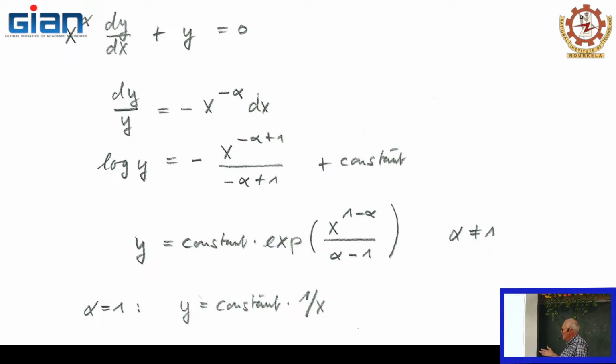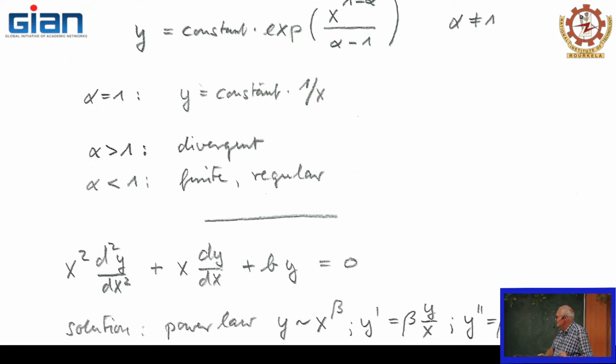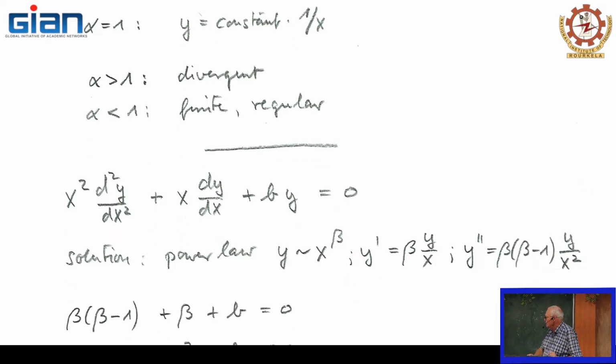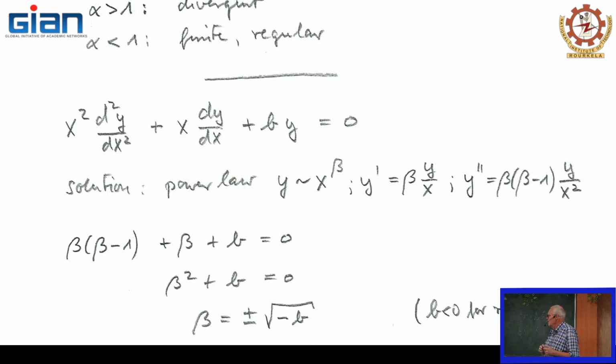That's as an example for distinguishing between regular and irregular singular points. Okay, now let's get to another example, which is closer to the case we consider for stellar pulsations.